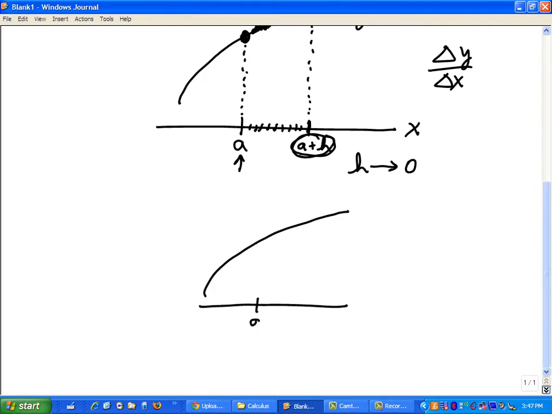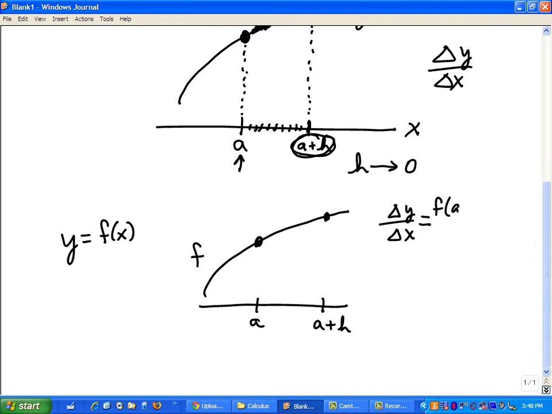If I go from A to some other point, which up above I'm calling A plus H, and just calculate the delta y over delta x, and if this function is f, so y equals f of x, then I could write this average rate of change as f of a plus h minus f of a all over h.